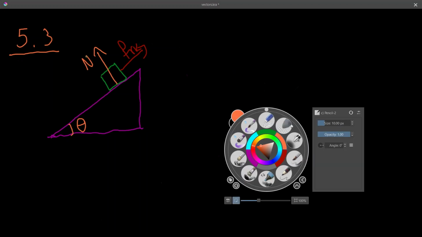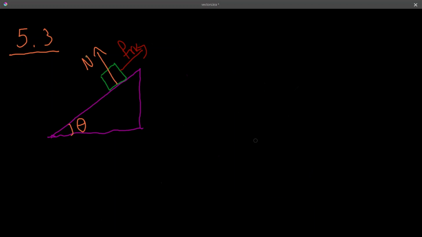Okay, so if you look at this diagram, you also have the weight of the object, right? You have Fg, but Fg is not pointed perpendicular like the normal force. Fg is just going to be pointing straight down, right?